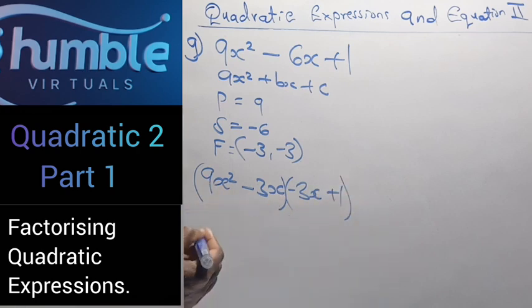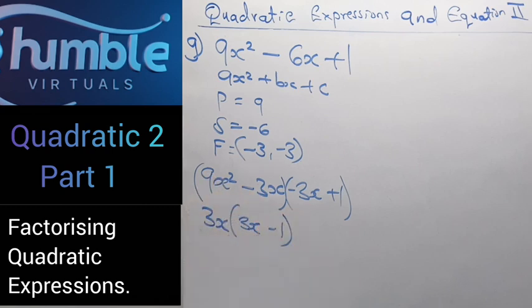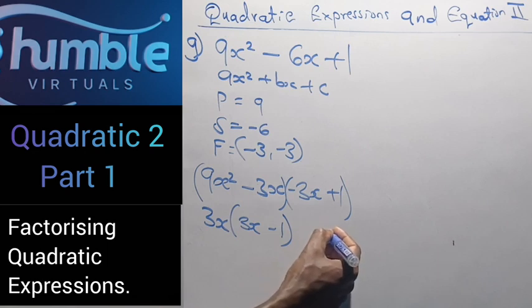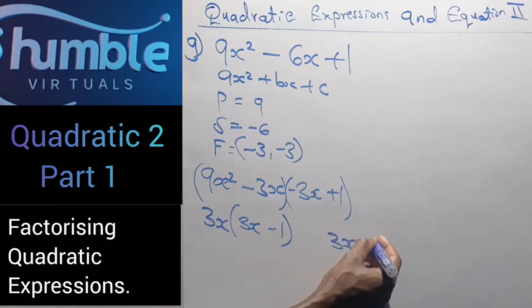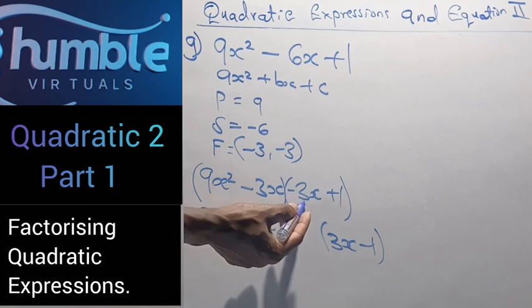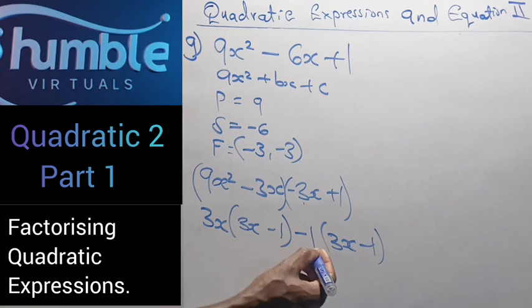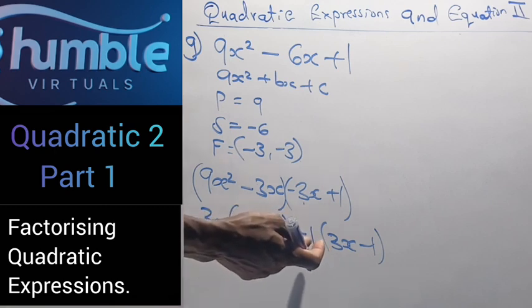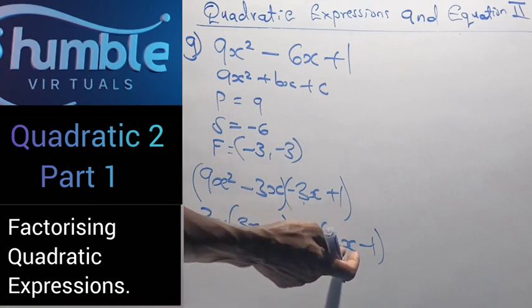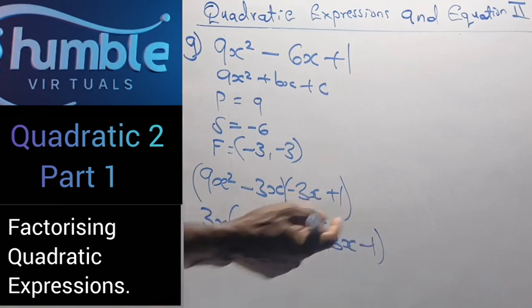In the first bracket, 3x is common, so 3x into 3x minus 1. So maintain this, 3x minus 1. So what is common between negative 3 and 1? The common number there is negative 1. So that in the open bracket, negative by 3x is negative 3x, negative by negative 1 is positive 1.